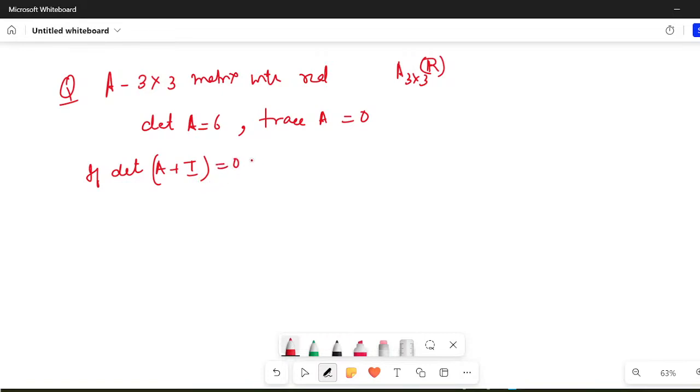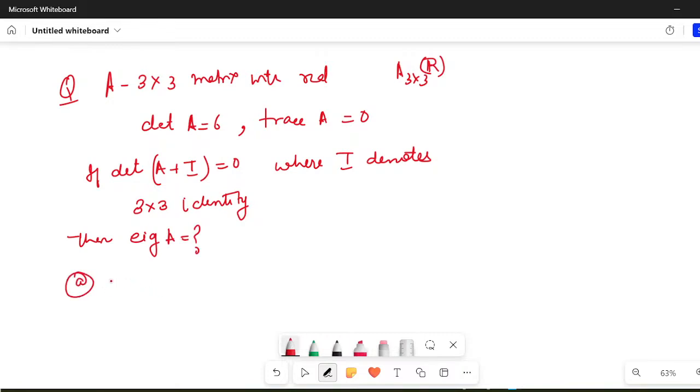If determinant of A plus I is equal to 0, where I denotes the 3 cross 3 identity matrix, then the eigenvalues of A are: option 1, minus 1, 2 and 3; option 2, minus 1, 2 and minus 3; option C is 1, 2 and minus 3; and option D is simply minus 1, minus 2 and 3.